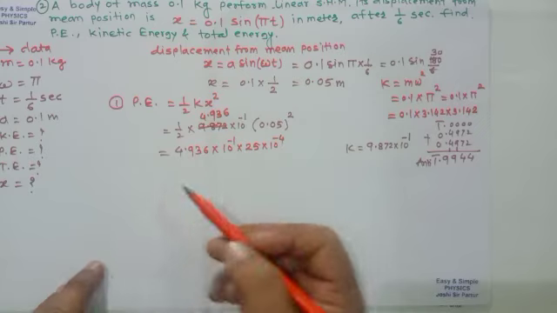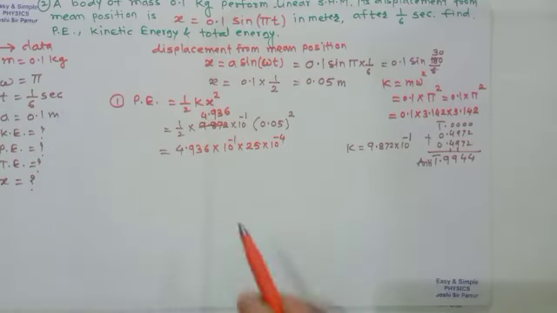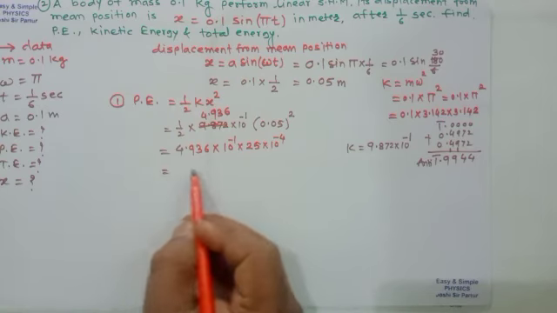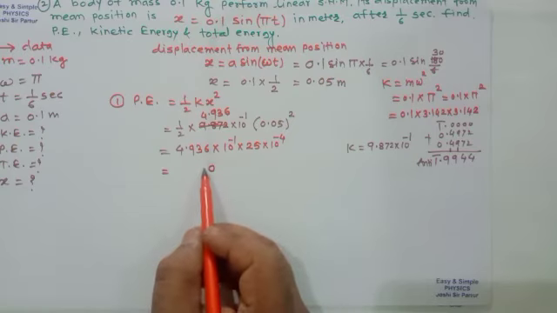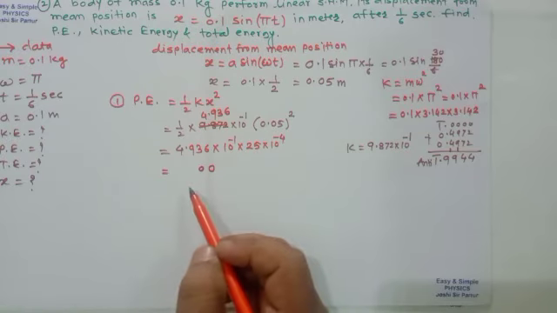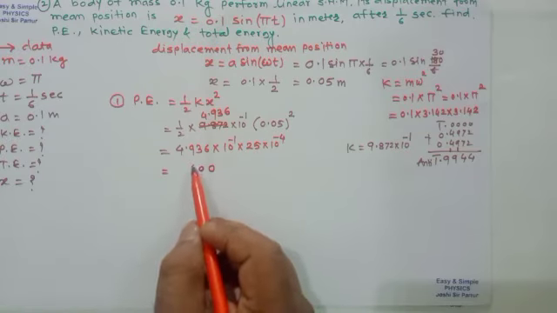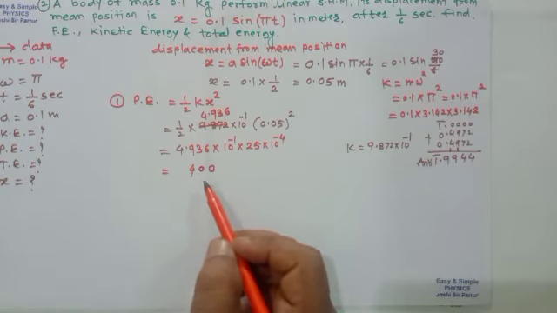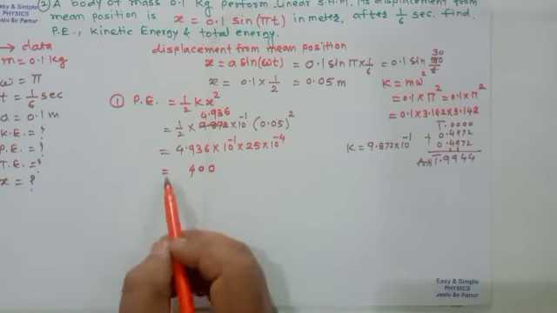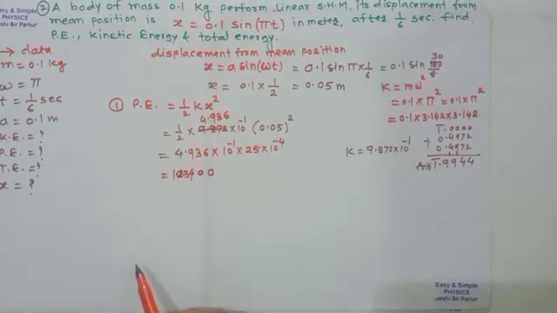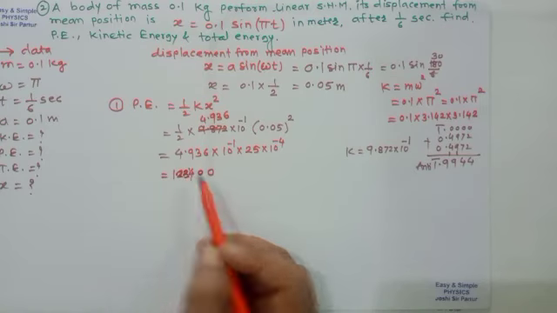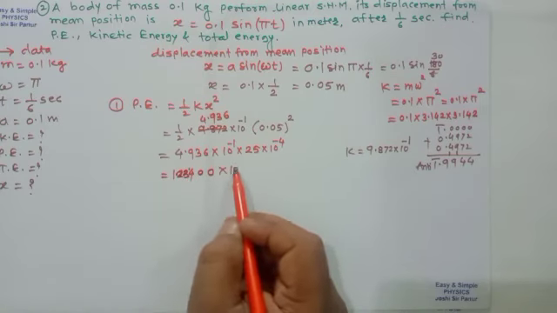Multiplying here, we get 12.34 into 10 to the power minus 5.